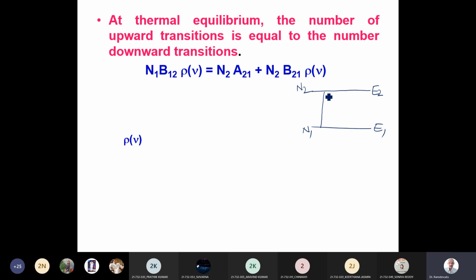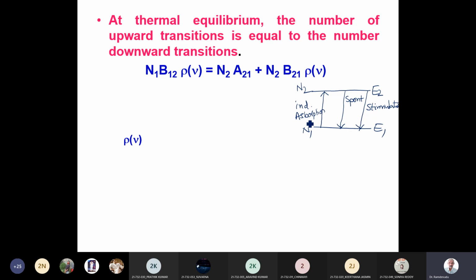They are going up because of induced absorption, that is, we call it upward transition. But they are coming down by themselves without any external energy, which we call spontaneous. But if it is a metastable state, they are also falling by taking an external photon, which we call stimulated emission.